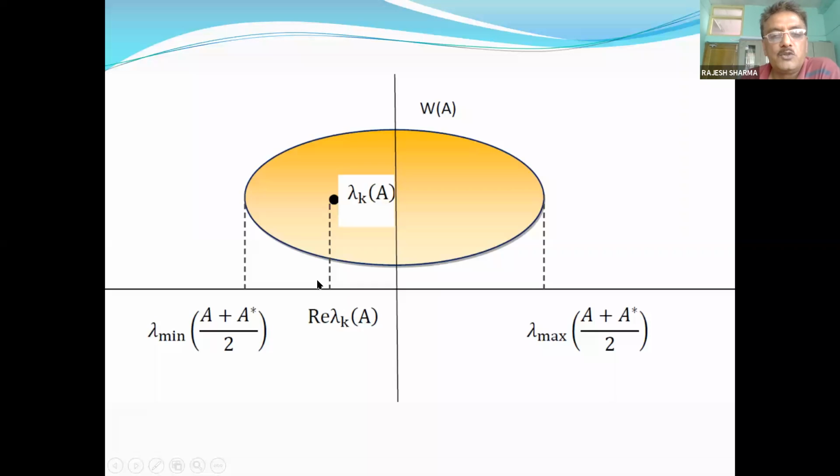Also by the projection property, this line segment from lambda minimum of (A plus A star)/2 up to lambda maximum of (A plus A star)/2 is this. So real part of lambda K of A will always be greater than or equal to lambda minimum of (A plus A star)/2 and less than or equal to lambda maximum of (A plus A star)/2.